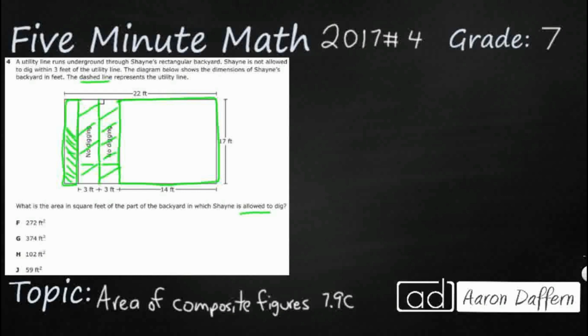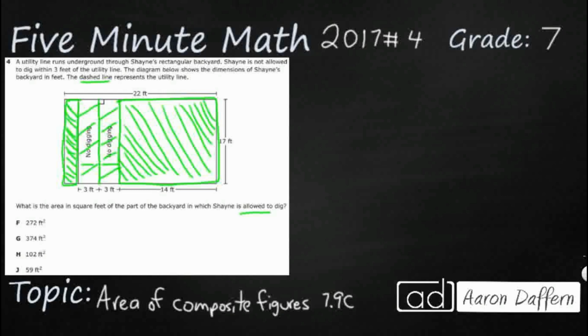That means these ones that are slanted from left to right, that's where we can dig. And so we need to find that area. So we're just going to use the additive property of area, which means we need to find the area of this, base times height, and then the area of this little guy right here, still base times height. They're both rectangles. Add them up, and we're good to go.